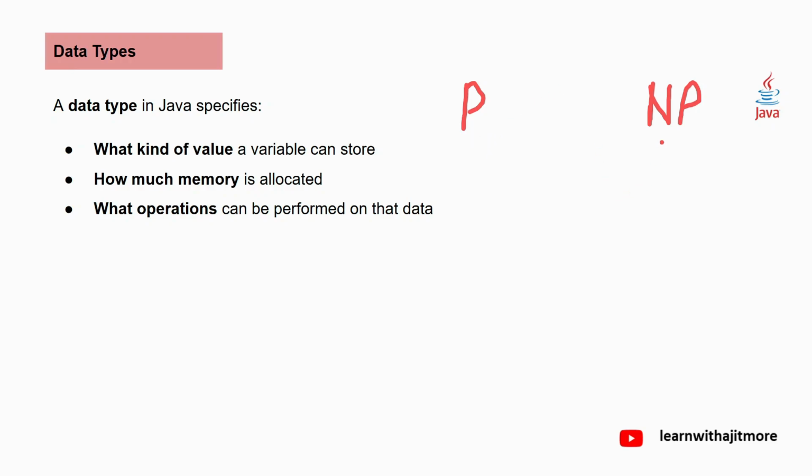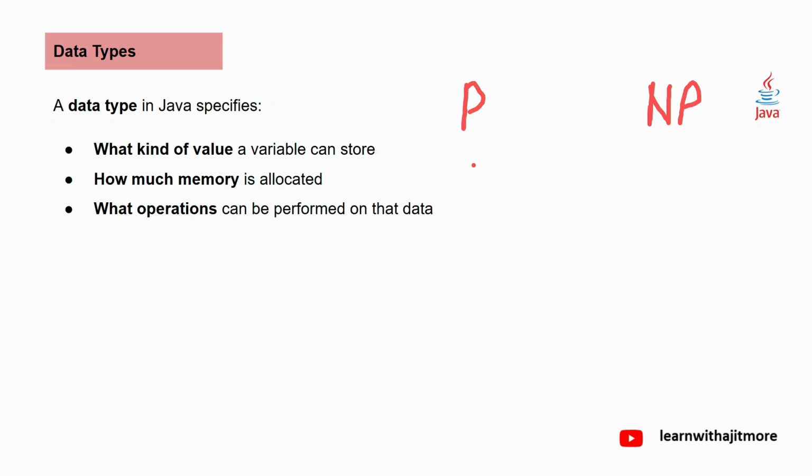And non-primitive means user defined or library provided. Library provided is also what people like us have developed at Sun Microsystems and distributed to us. Therefore, the library also comes under user defined. So primitives you can call built-in, single valued.